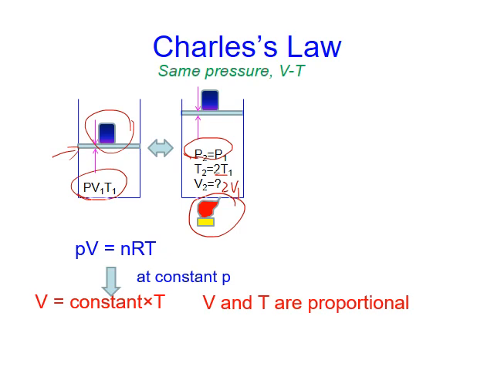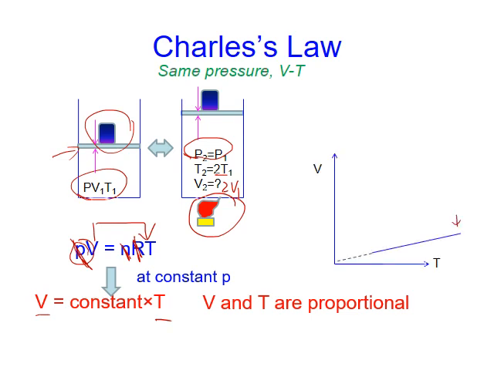We can also see Charles's law comes from the ideal gas law. When pressure is constant, so P is constant, n constant, R constant, so volume and temperature are proportional to each other. And if we plot it, we should get a straight line. The slope increases when pressure decreases.